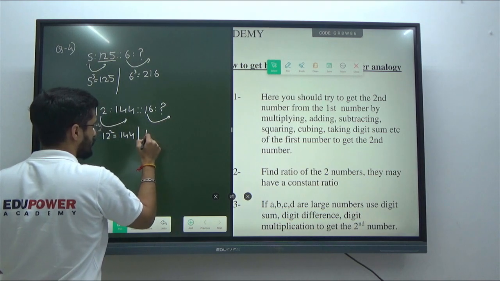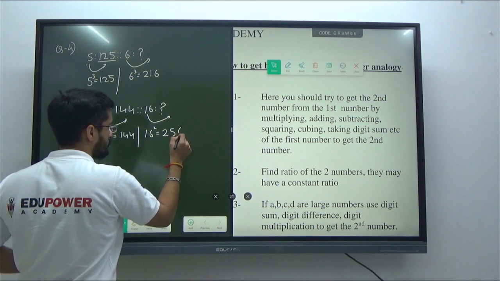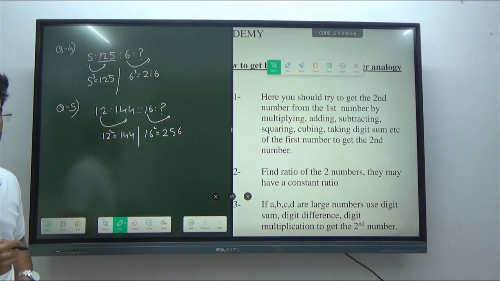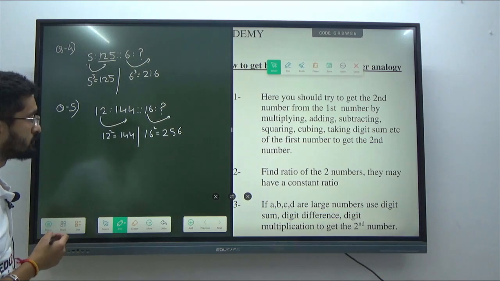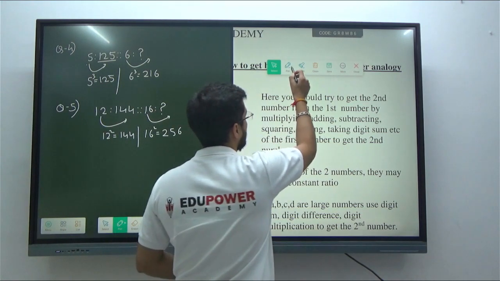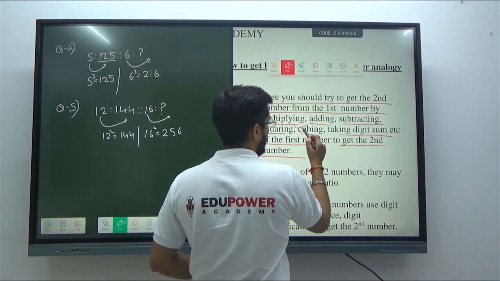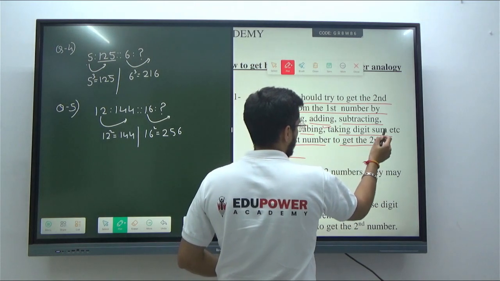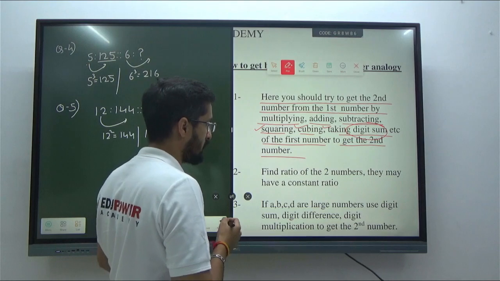So the square of 16 will be 256. The answer will be 256. So we can square the number or cube the number. We can also sometimes take the digit sum of the number to get the second number.